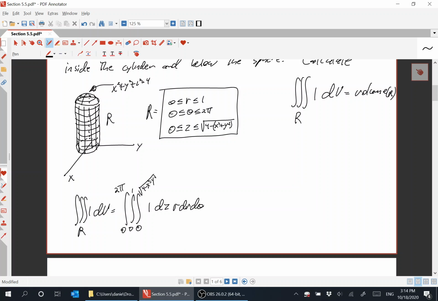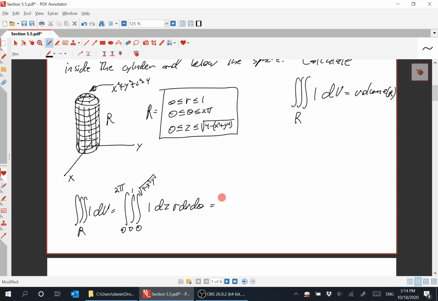So we reduce the triple integral to a double integral by first iterating with respect to z, and then the double integral that's left over, we integrate with respect to polar coordinates. So the dr and d theta have this extra r, that correction factor, or transformation factor.